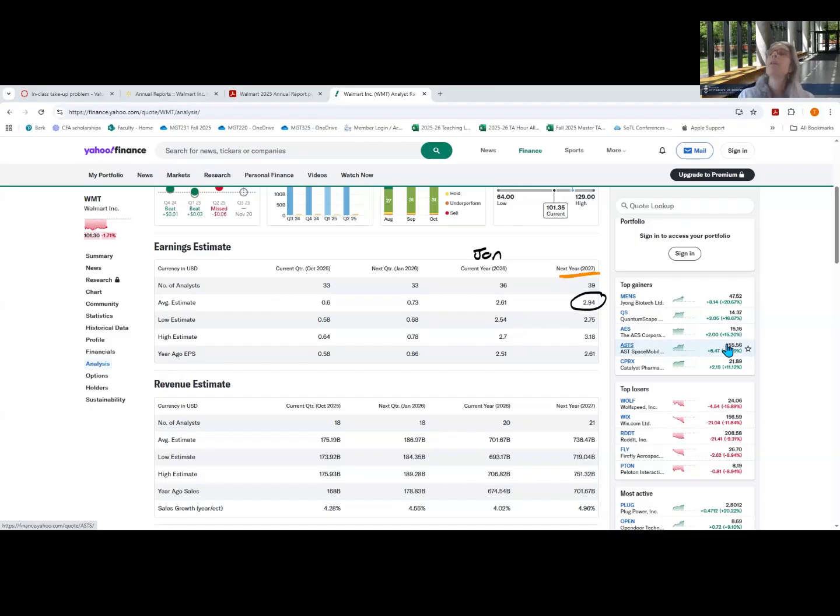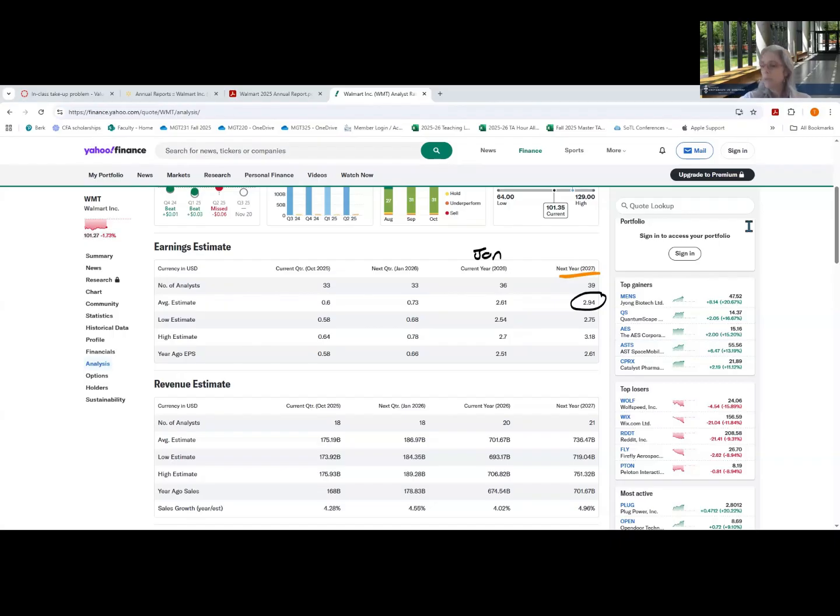The other thing that I wanted to mention is with retailers. One of the weird things that happens with retailers is, we don't actually see this with Walmart, but you do see it with Home Depot and some of the others. Nordstrom, for example, does this.